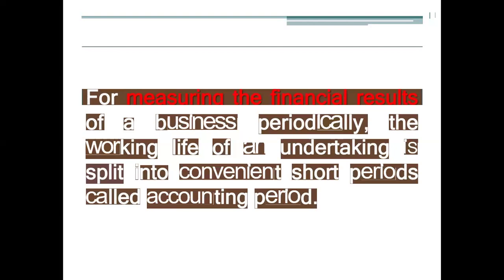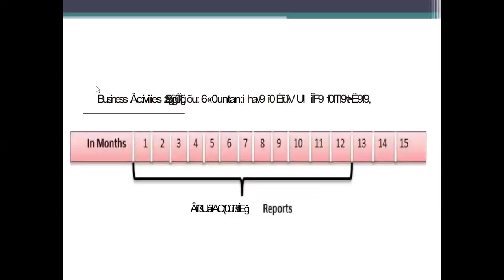So comparison, analysis, evaluation, all this is feasible if and only if the period is mentioned. So to measure the financial performance, to measure the financial influence, what we do is called the accounting period concept.